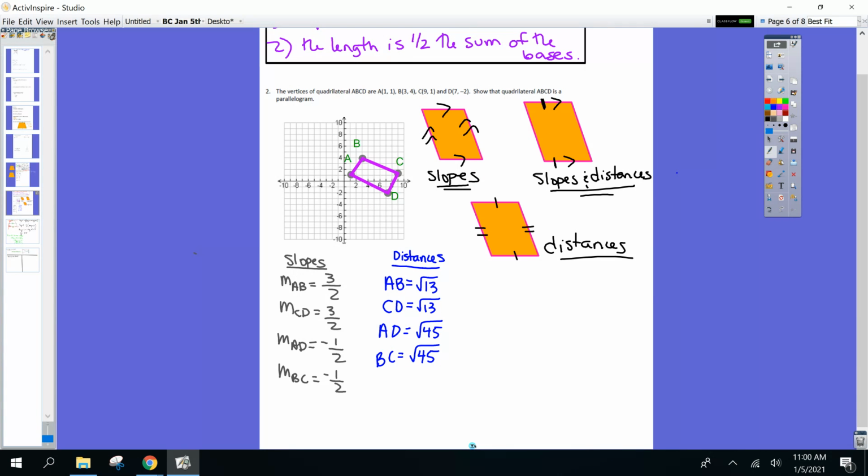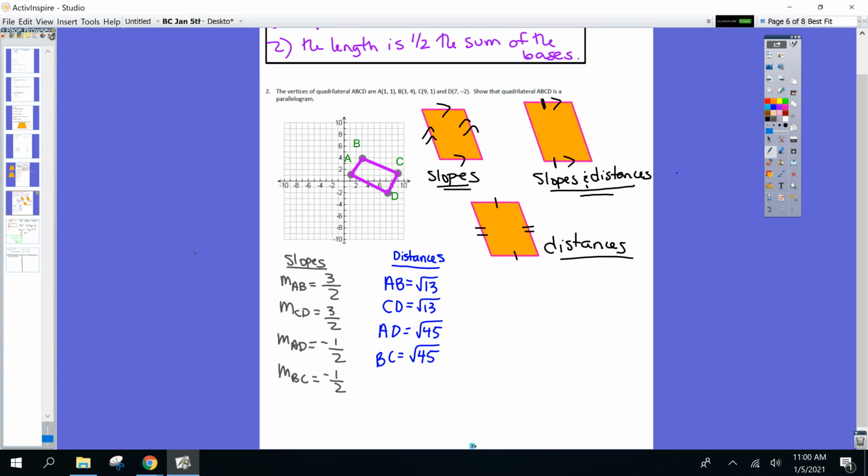All right, there are your slopes and distances depending on what method you're choosing. And this is a case where you'd be able to just say opposite sides are parallel instead of needing to say both. Yep, correct. Yep, that's fine.